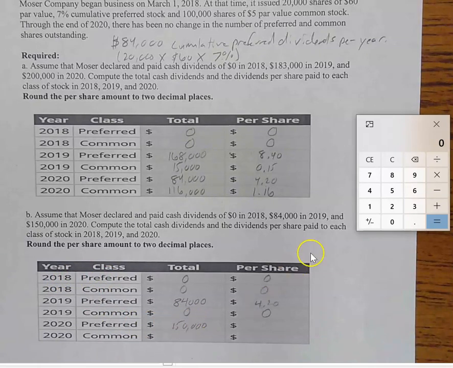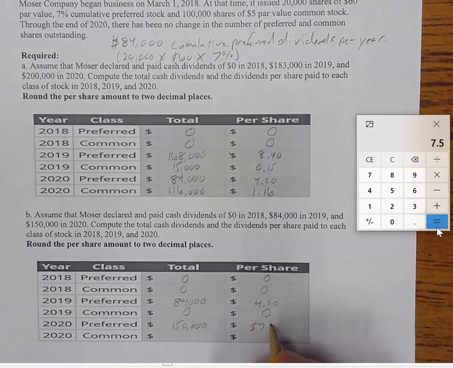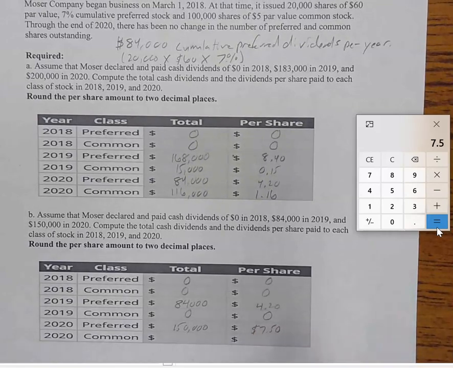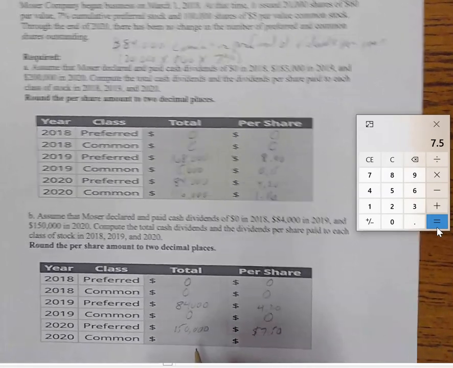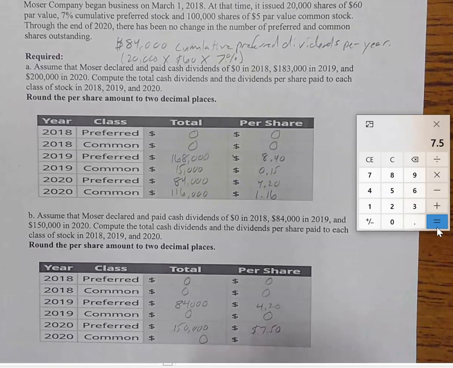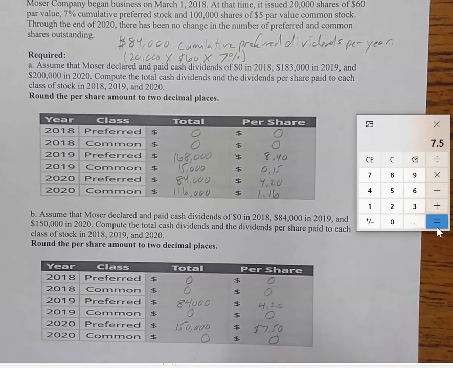So we've got $150,000 that were paid out in the year 2020, and we still have the same 20,000 shares. So we paid out per share to the cumulative preferred stockholders $7.50 per share. Common stockholders will get nothing again, and there won't be any per share amount for the common stockholders.